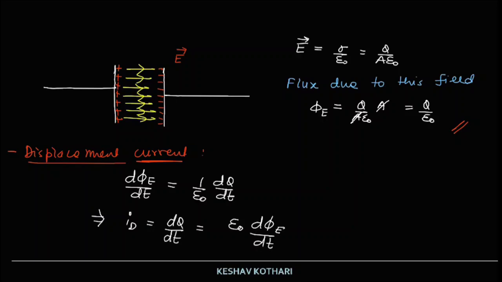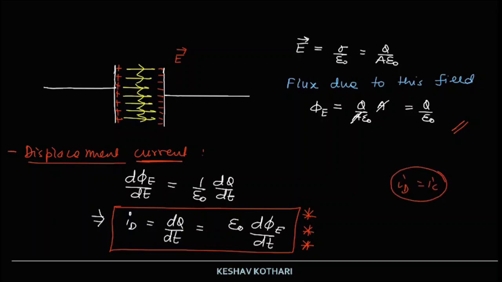This is the expression for the displacement current id. dq by dt is the rate at which the charge is carried to the positive plate through the connecting wire, and we say that id is equal to ic, and the value of id turns out to be epsilon naught d phi e by dt. So this displacement current is the equivalent current intercepting the surface s, which is due to the change in the electric flux.